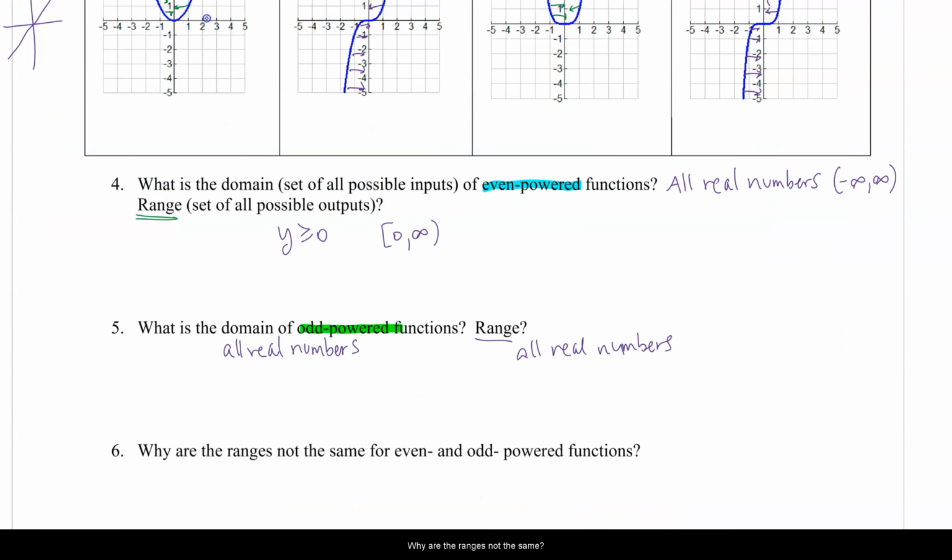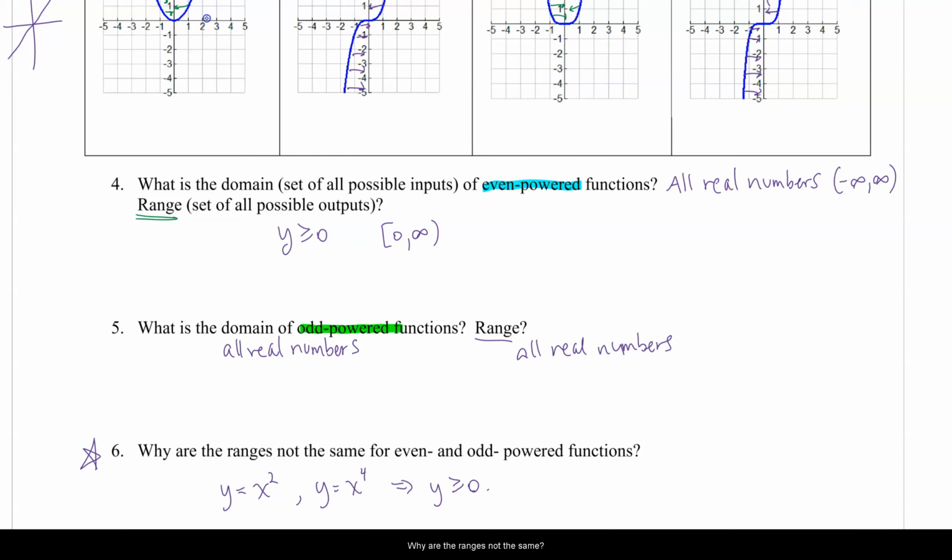Why are the ranges not the same? Why do we not get all real numbers for x squared and x to the 4th? Why do we only get greater than or equal to 0 for our range? I want you to think about this question and see if you can answer it on your own.